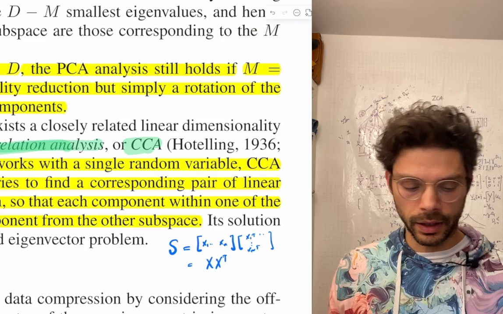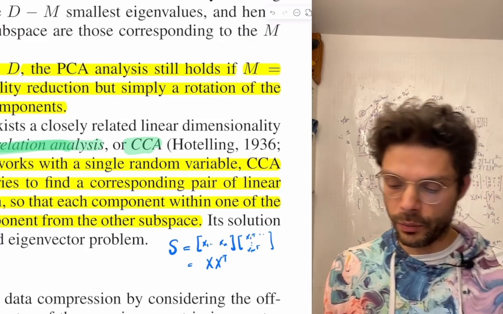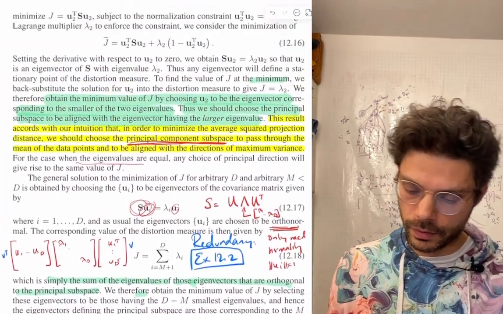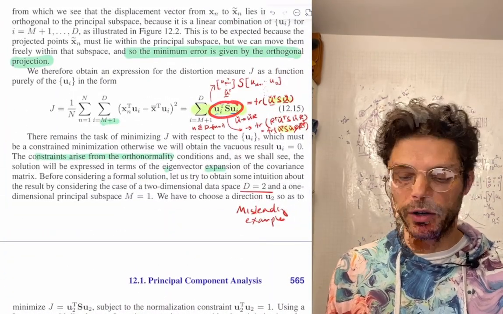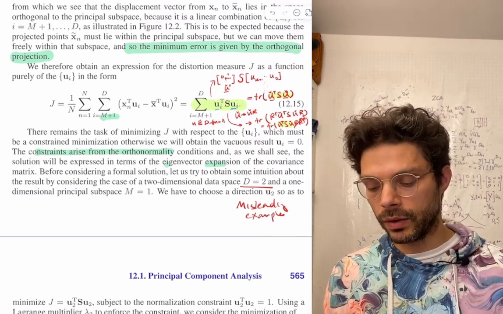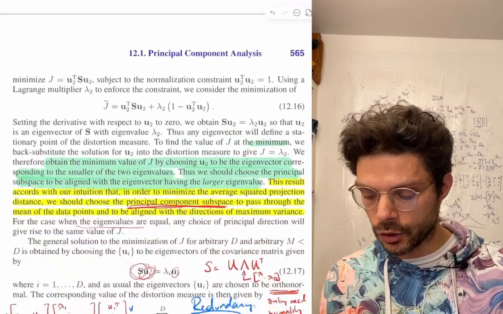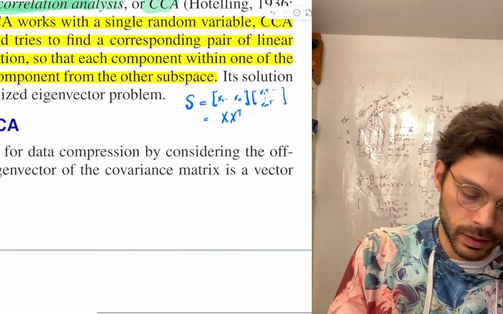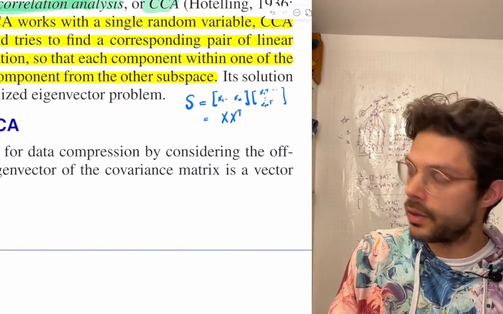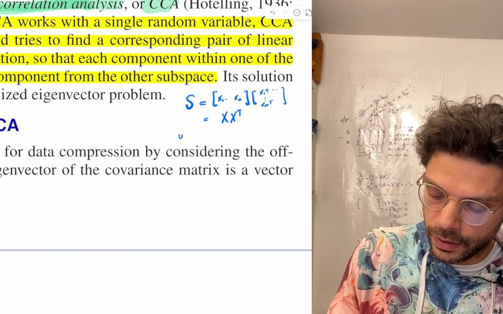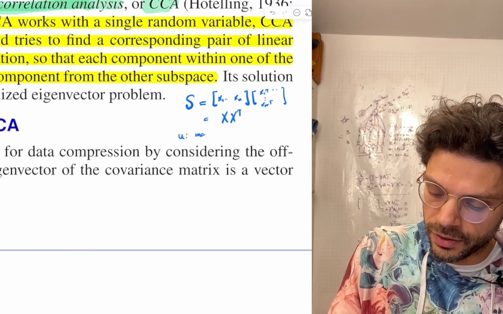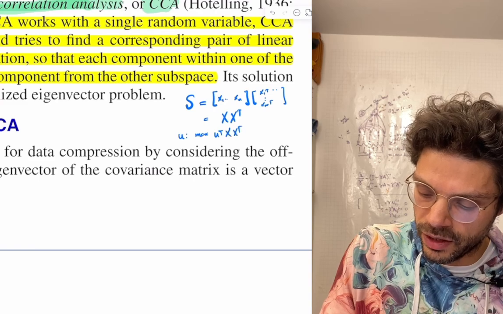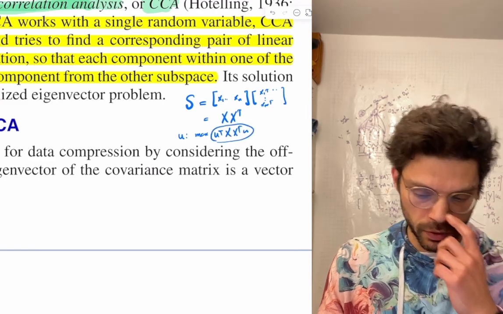One way to look at it is, like we saw, expressions like this. One way of thinking about the first principal direction is finding u to maximize, assuming it's a unit vector, u transpose X transpose X u. That gives you your first principal direction.